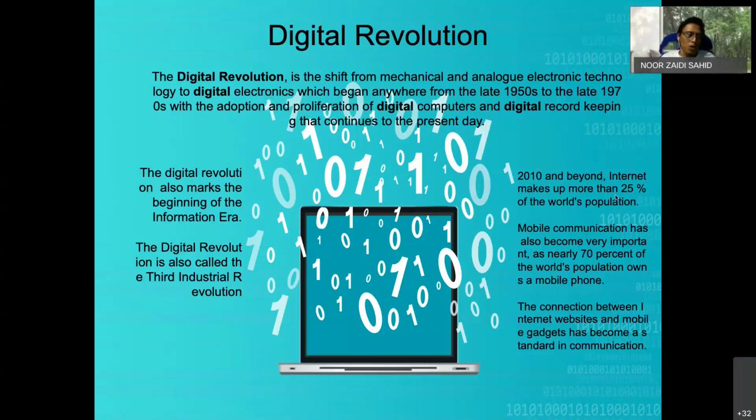Okay, apa dia humanities? What is humanities? Dia adalah satu bidang yang mengkaji bagaimana manusia ataupun sifat-sifat kemanusiaan, terutamanya dari segi bagaimana kita berkomunikasi ataupun bagaimana kita bersosialisasi.